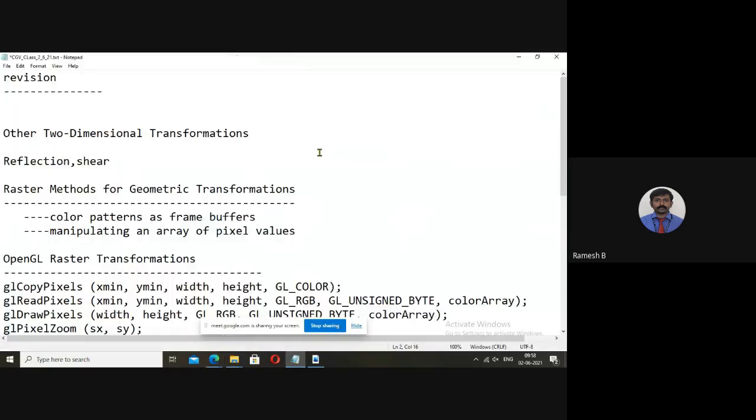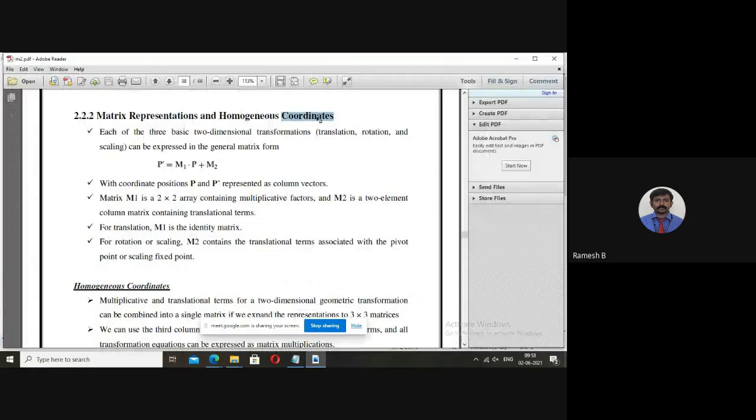In the last class, I was telling you about homogeneous coordinates and matrix representation. If you want any transformation, the transformation is implemented by using matrices. Whenever we do the multiplication, they must be homogeneous. If the matrices are homogeneous, we can easily multiply them.